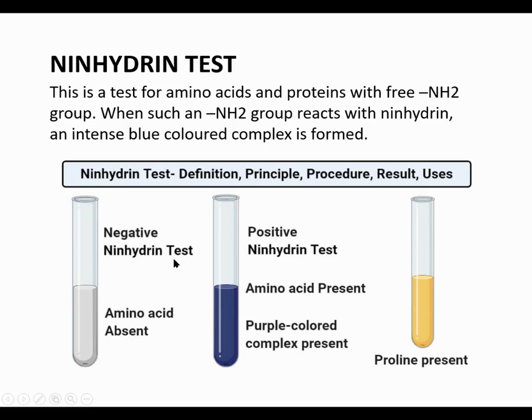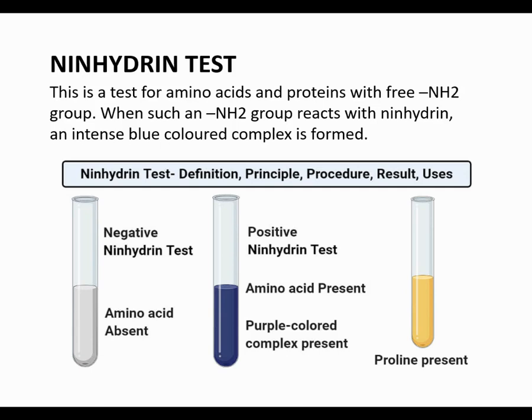If it is showing a purple colored complex, it means amino acid is present, and this is the positive indication of amino acid. But there is one exemption to the rule. Proline gives a yellow result for ninhydrin. This is the only amino acid that gives a yellow color result for ninhydrin, but all of the others are usually around the purple violet colored complex. Okay, so that's for ninhydrin.